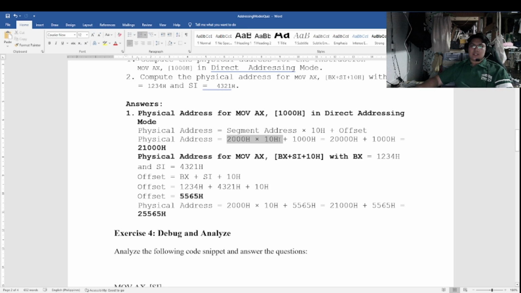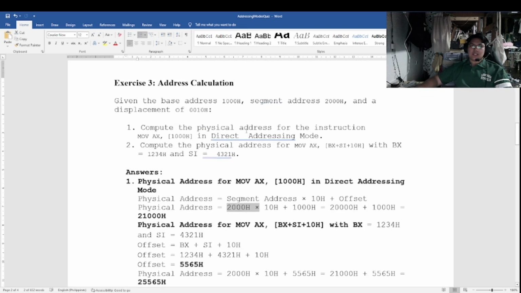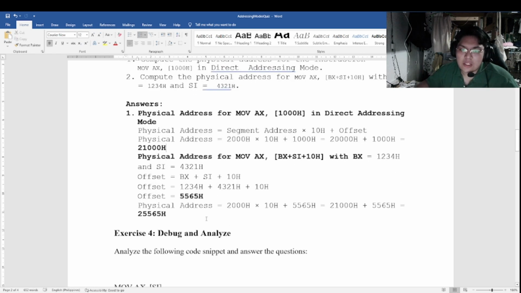Here, as you can see, the segment address is the 2000H given here, and the 10H is also given, and lastly the offset, which is 1000H. So the calculation is 20,000H after multiplying the segment address by 10H, plus 1000H, which is the offset. So the total is 21,000H.